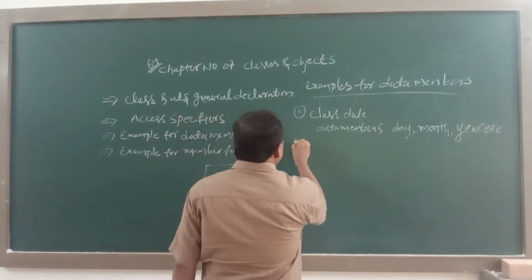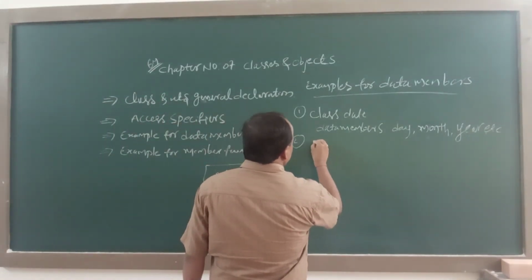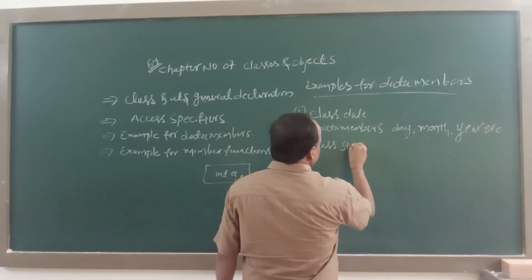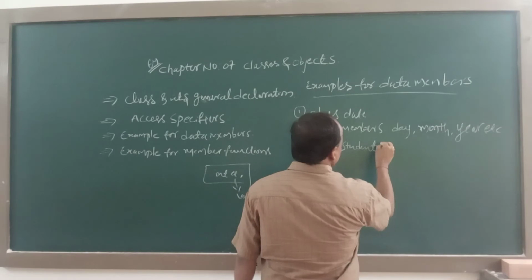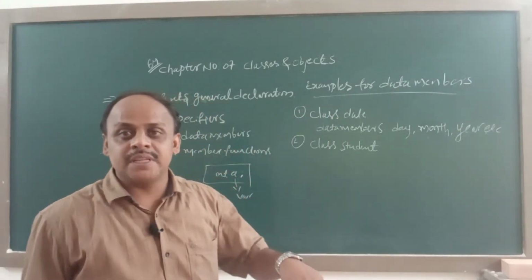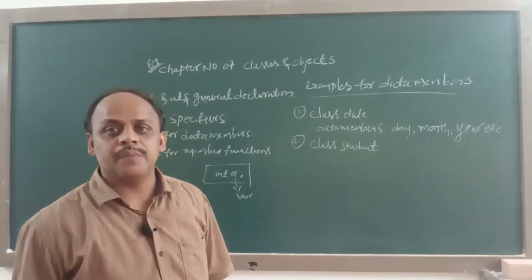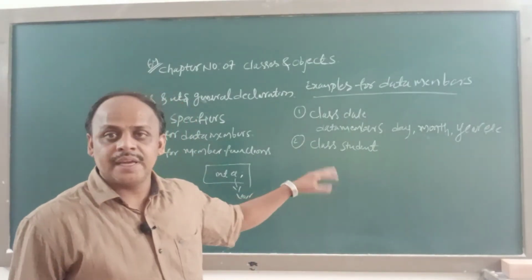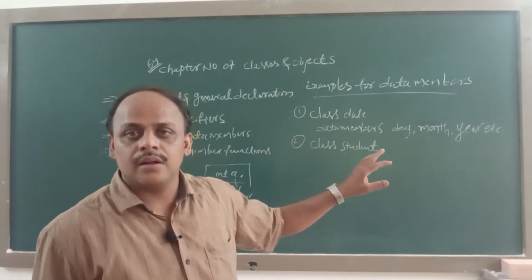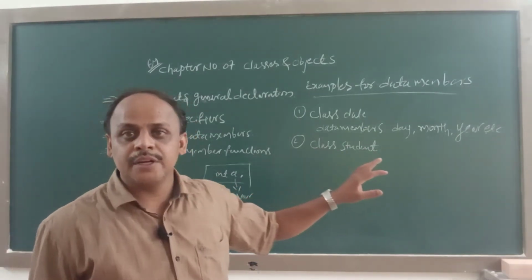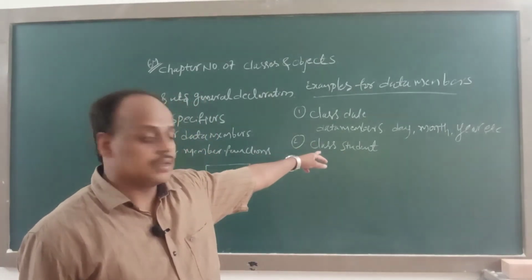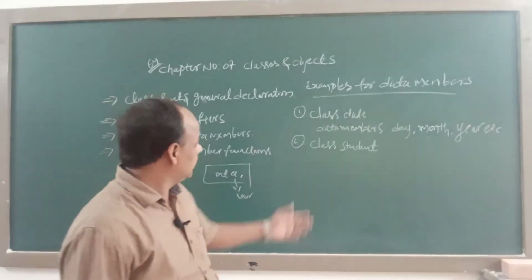Suppose a second example, class student. If the class name is student, what may be the data members? They are going to explain the properties of the class.